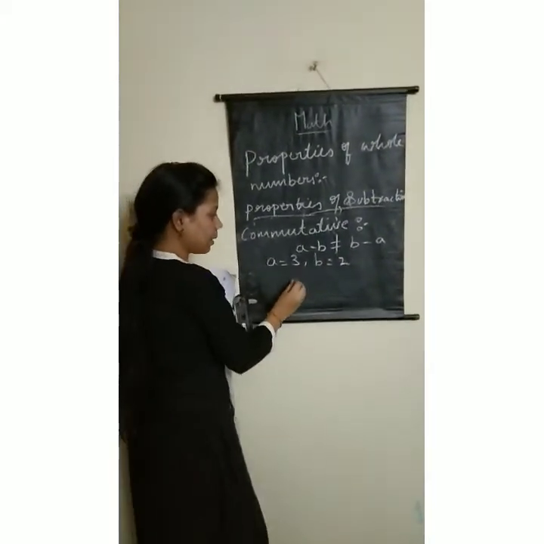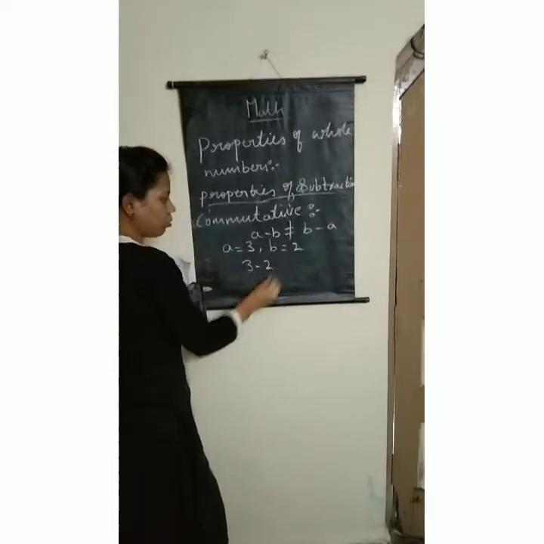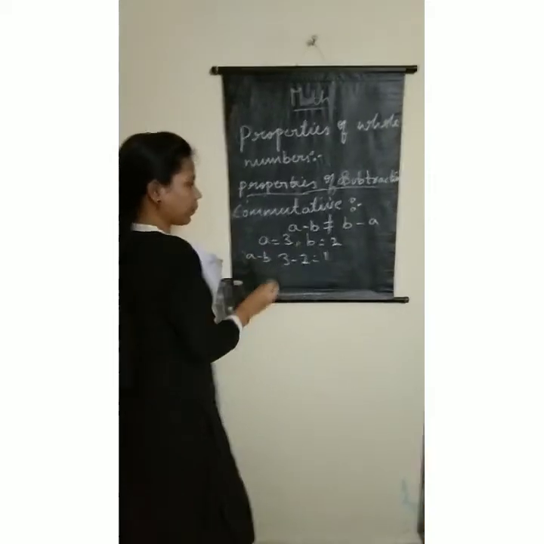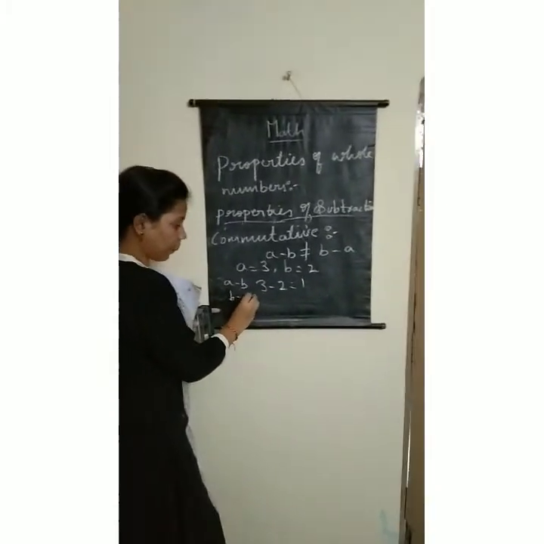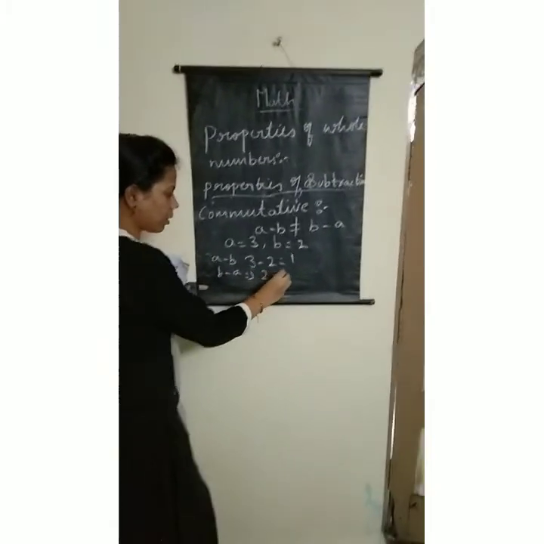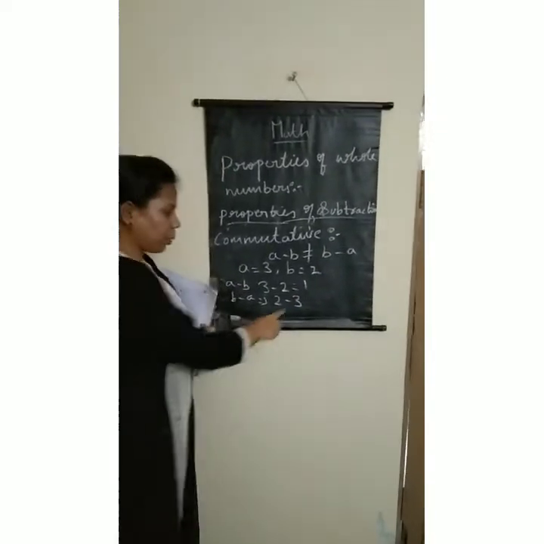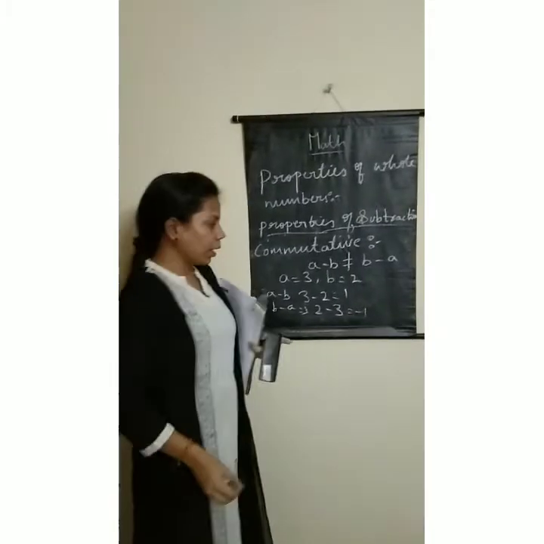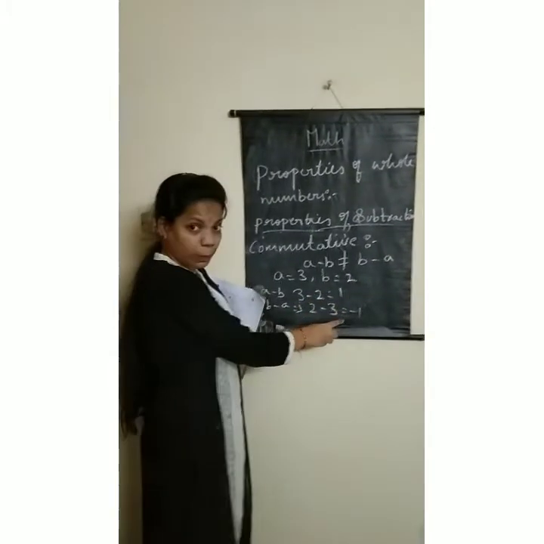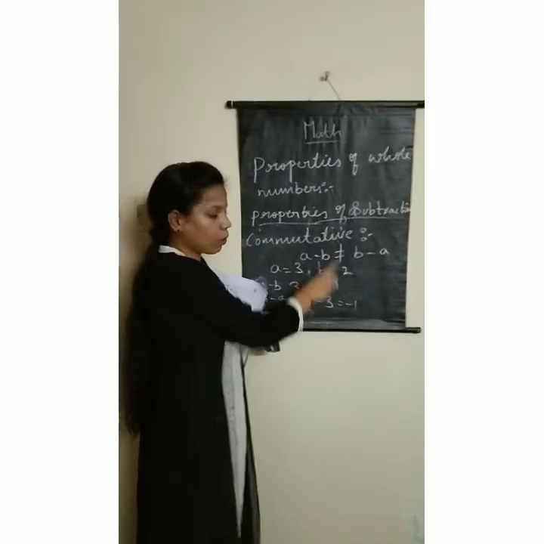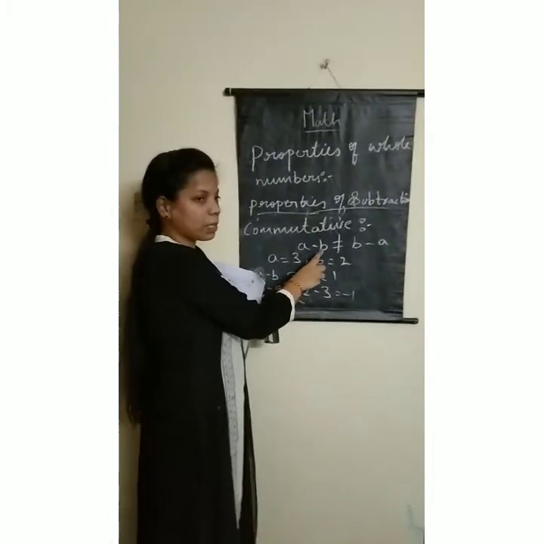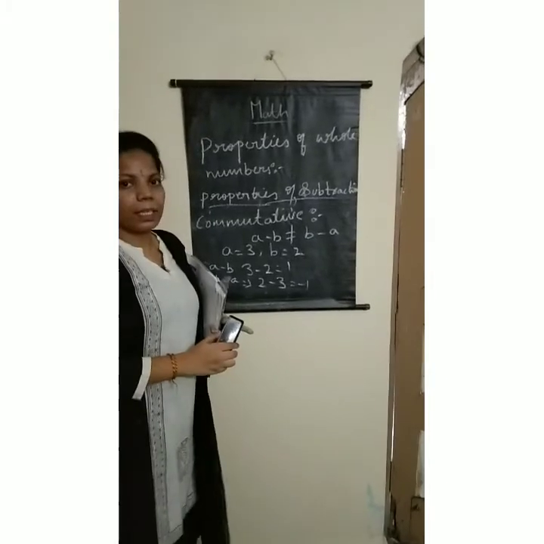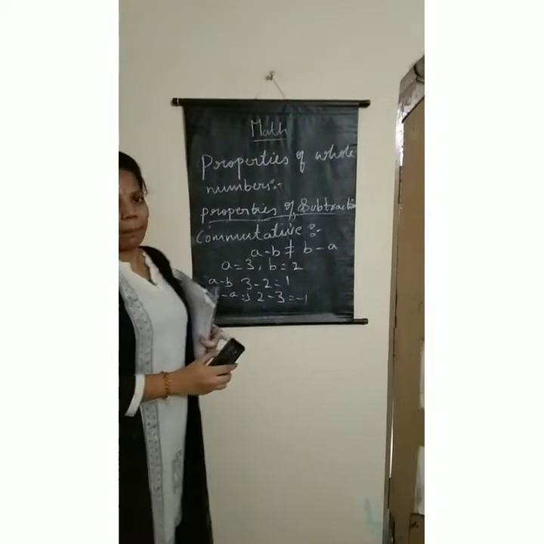So A minus B means 3 minus 2 is equal to 1. Now we will do B minus A, 2 minus 3. Is it 1? No, it will be minus 1, so it is not defined. So is A minus B equal to B minus A? No, A minus B is not equal to B minus A. So commutative property does not hold good under subtraction.